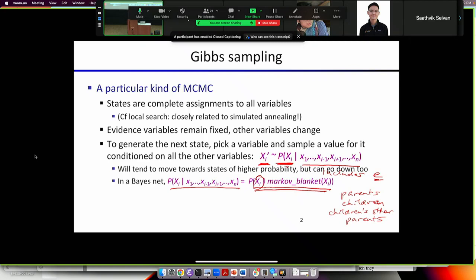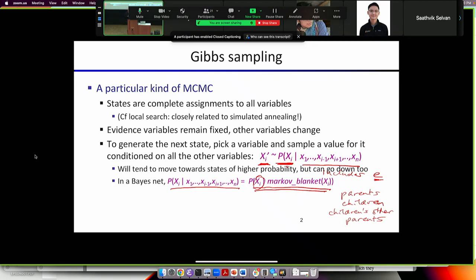It's a good thing because now, for the variable to sample its value, it's just looking at its neighbors. The parents, which are directly above, the children, which are directly below, the children's other parents, which are kind of your co-parents, if you like. The other adult members of your family. And so that's entirely local.